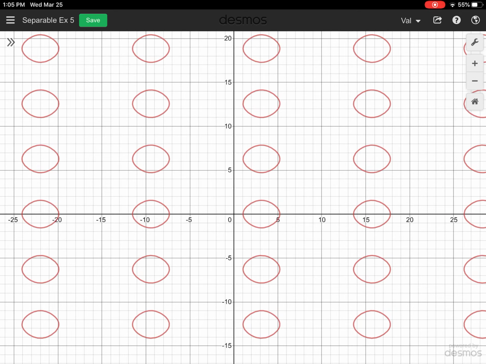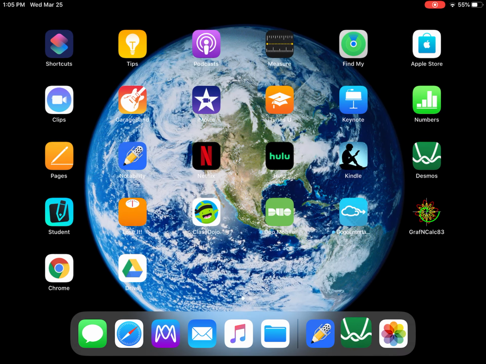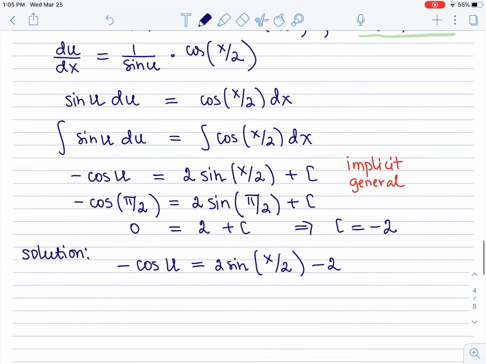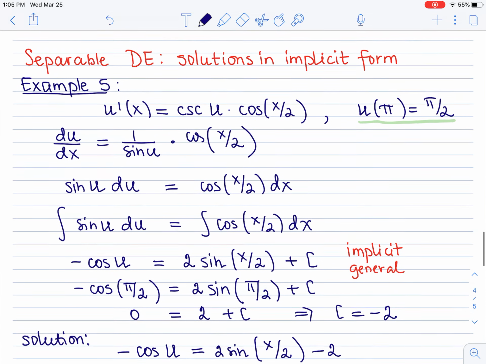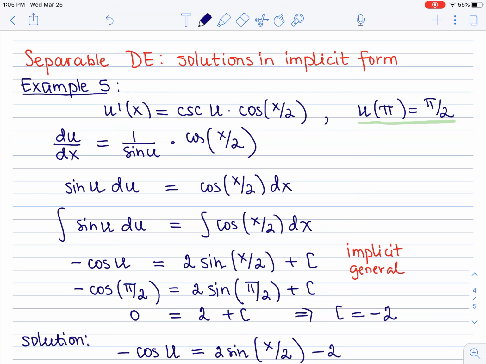This makes sense because cosine is a periodic function, so we have this repetition. But that's not going to be the entire solution for our initial differential equation. So we go back to our original equation and see if we have any restrictions to keep in mind.